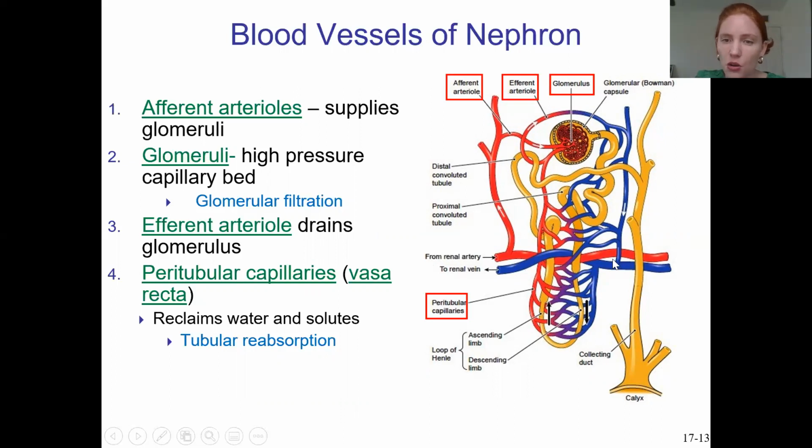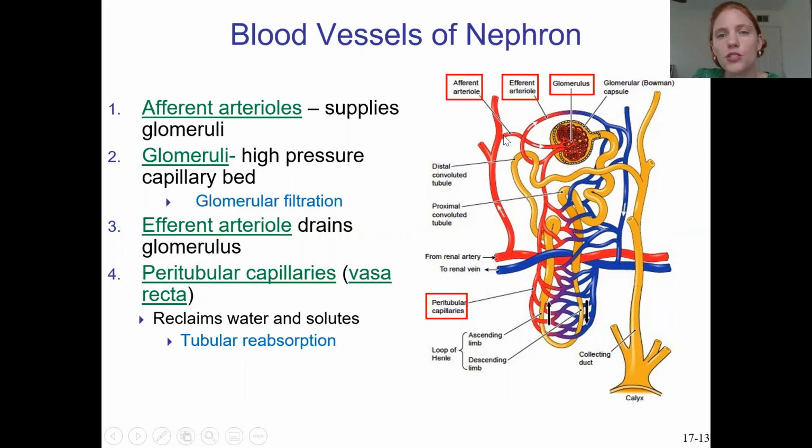So if this is the arcuate artery, radiating out into the cortex, this right here would have to be the cortical radiate artery. Okay, so from the cortical radiate artery, we have a smaller vessel called an arteriole. It's just smaller and not as thick-walled.